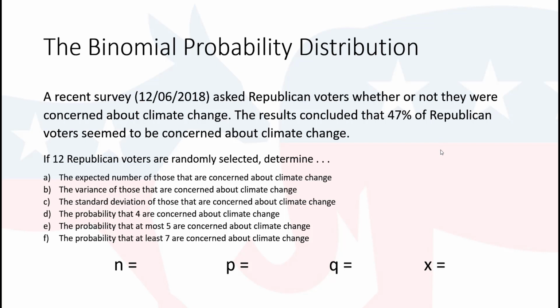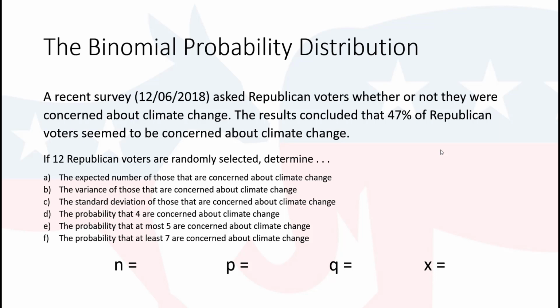When we say at most 5, the meaning of that is that either 0 or 1 or 2, 3, 4, or 5 are concerned about climate change. So basically, the sum of all of those values would be how we determine the probability that at most 5 are concerned about climate change.